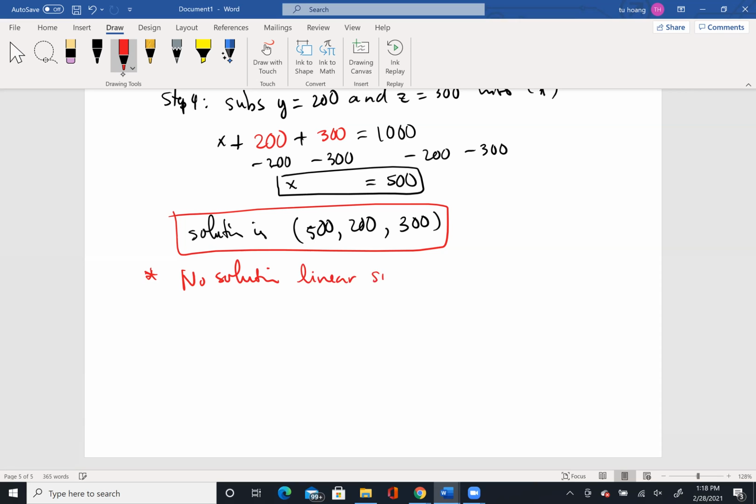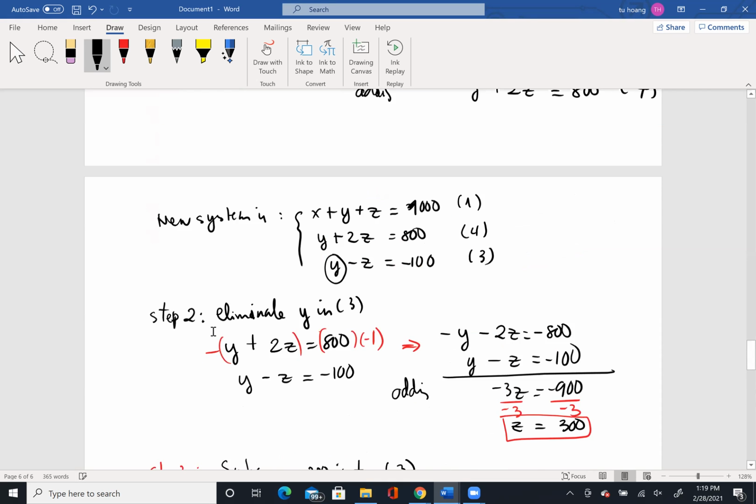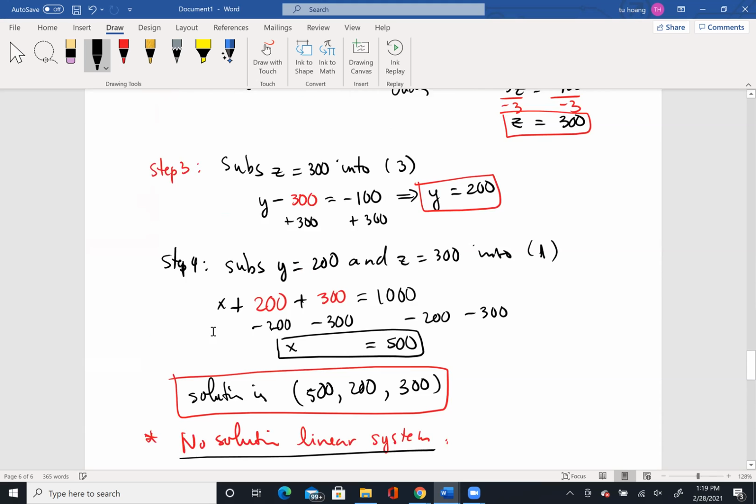I did mention that it could have the case that we have no solution in this system. So when that happens, let's take a look at example number 6 here. So, 6, yes.